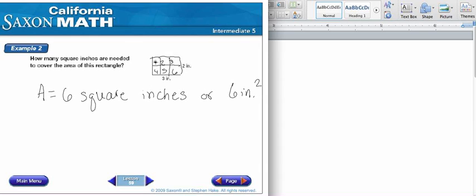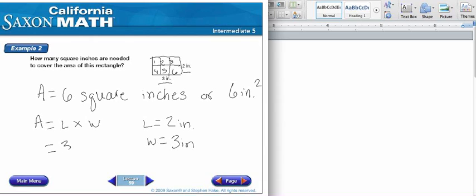So if I have a number big enough that I can't count, I'm simply going to multiply. Area equals length times width. Length equals 2 inches. Width equals 3 inches.